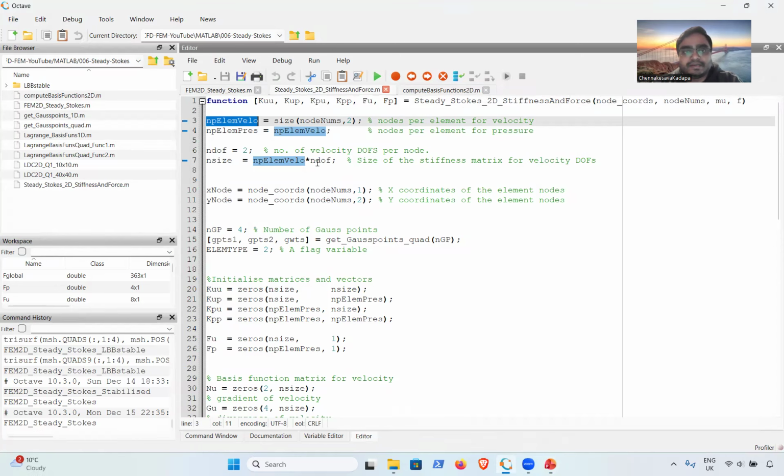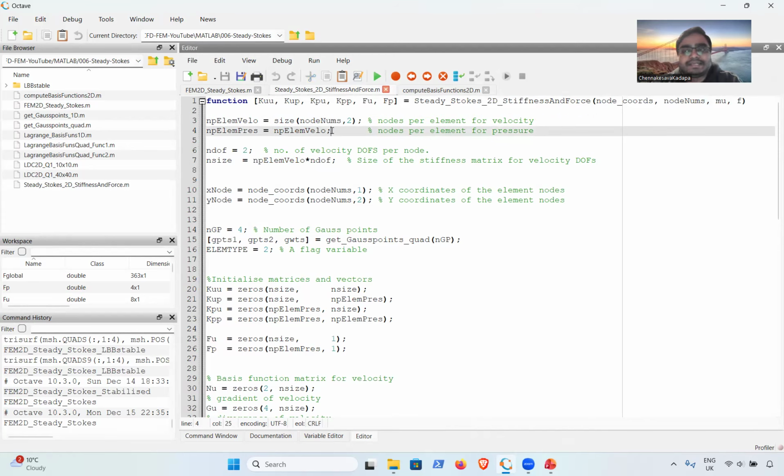Okay, we can hard code it, but by calculating it based on the node numbers, we can automate it for arbitrary elements. So here I am calculating the number of nodes per element for velocity and nodes per element for pressure.